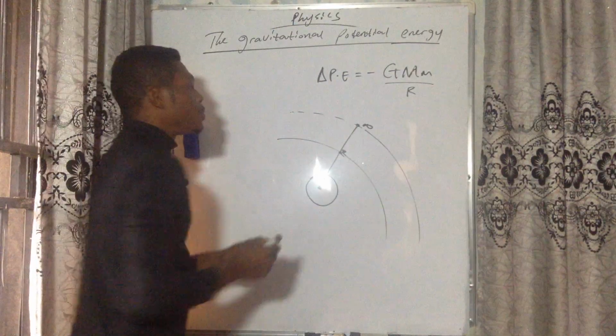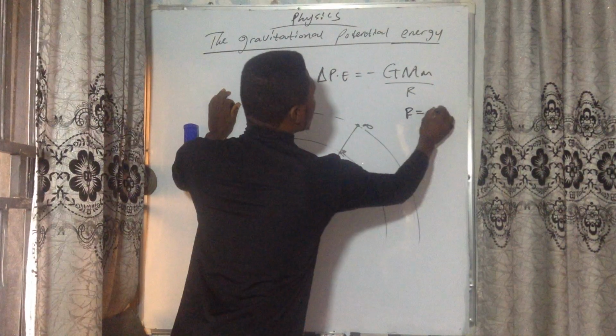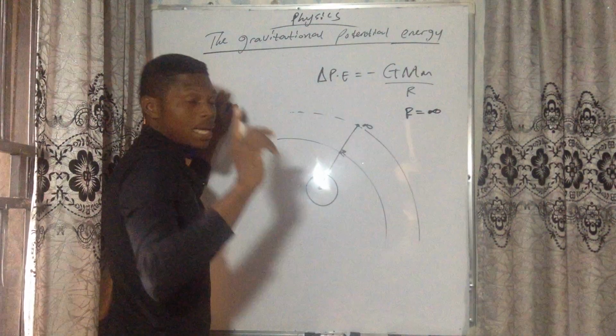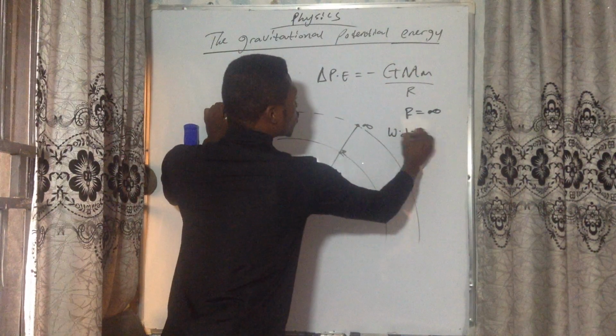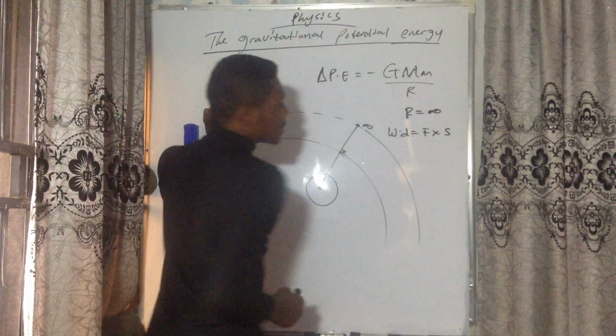Now, at infinity, the potential energy is when R is equal to infinity. Remember that work done is force times distance.